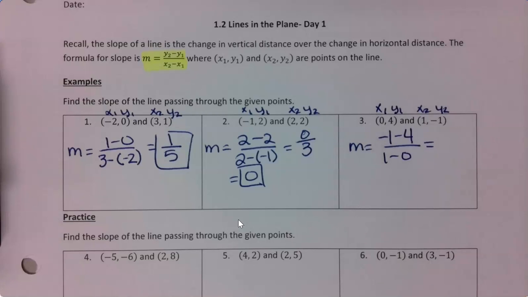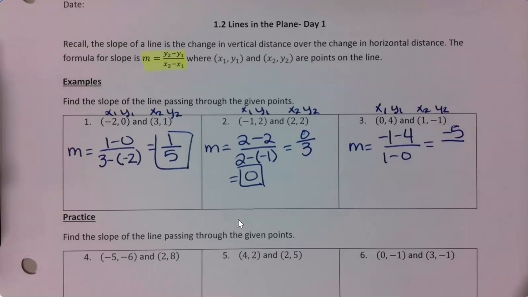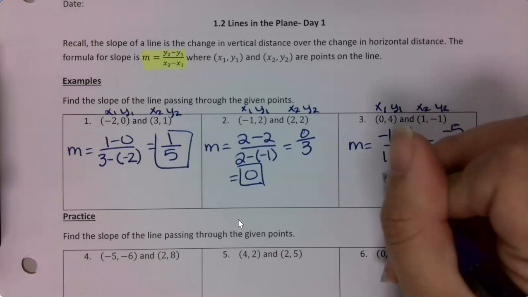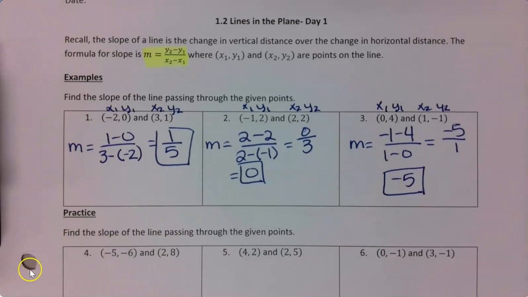So negative 1 minus 4 is negative 5. And on the bottom, 1. Can I simplify this anymore? Yeah, just negative 5, because anything divided by 1 is itself. So questions here?